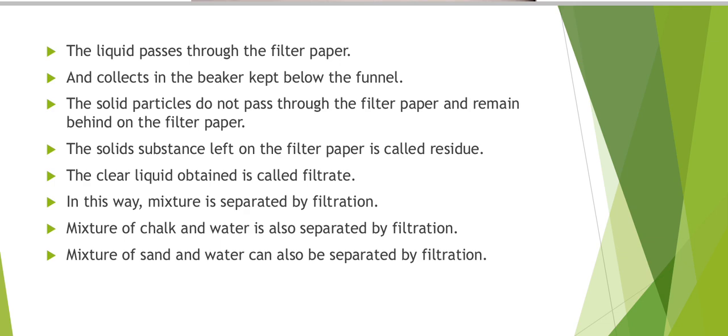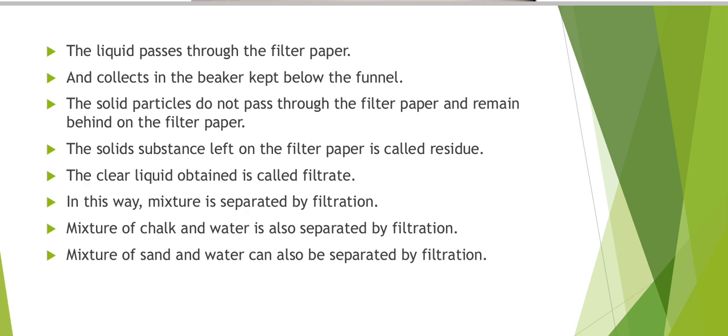What is residue? Then you can give your answer. The solid substance left on the filter paper during the process of filtration is called residue. The clear liquid obtained is called filtrate. In this way, a mixture is separated by the process of filtration.